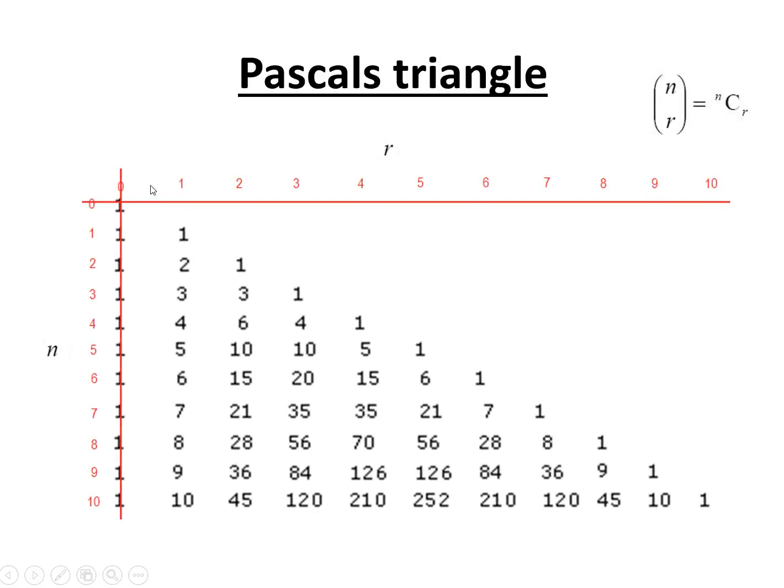Each column and each row we give a number to: the rows are N and the columns are R, and n choose r is the choose function. So 6 choose 2 you get 15, 8 choose 4 gets 70, and that's just a nice little representation of what the choose function is actually doing in regards to Pascal's triangle. You don't need to know it, but it's useful to know.